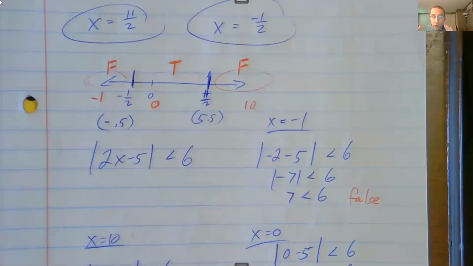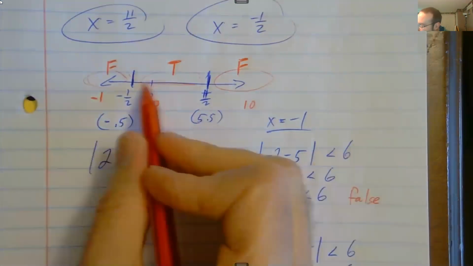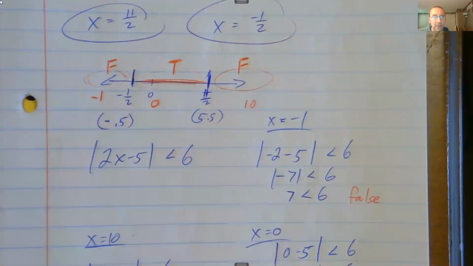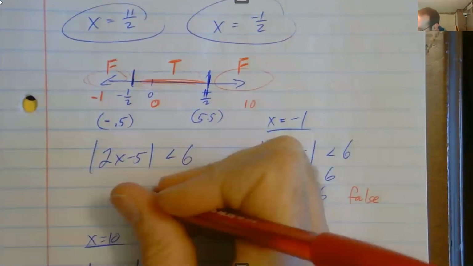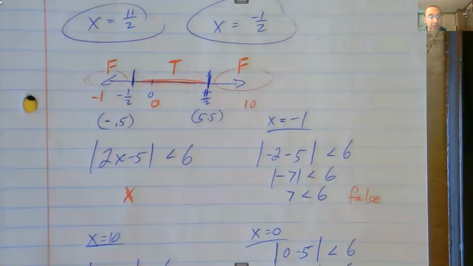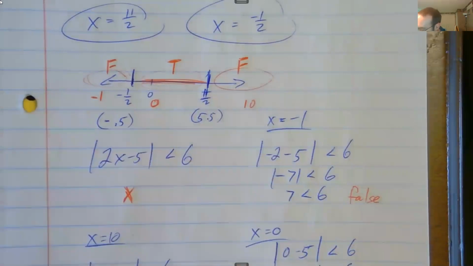So we want any of the places that will give me a true statement for this inequality, and it looks like any x value between these two boundary points will give me a true statement. And so the way that I can write that is I can say this works as long as x is greater than -1/2.